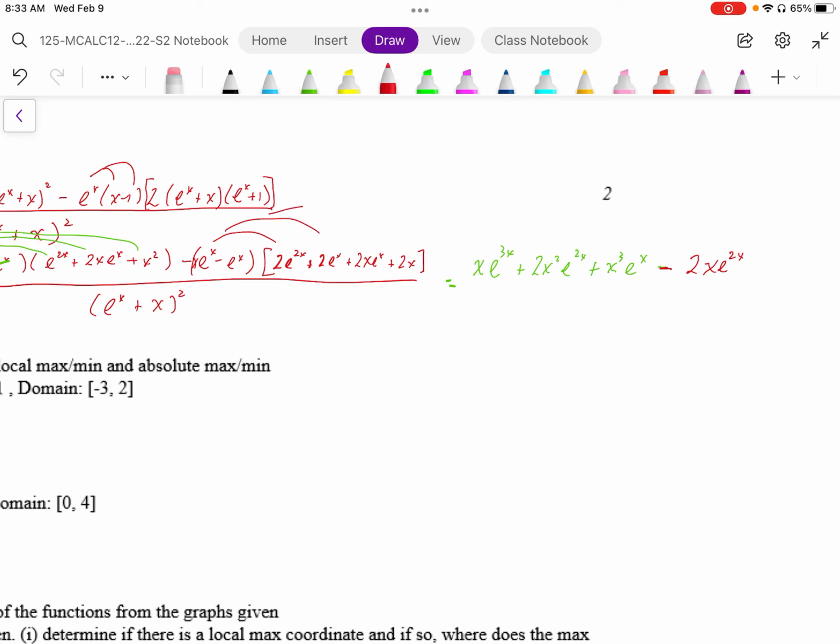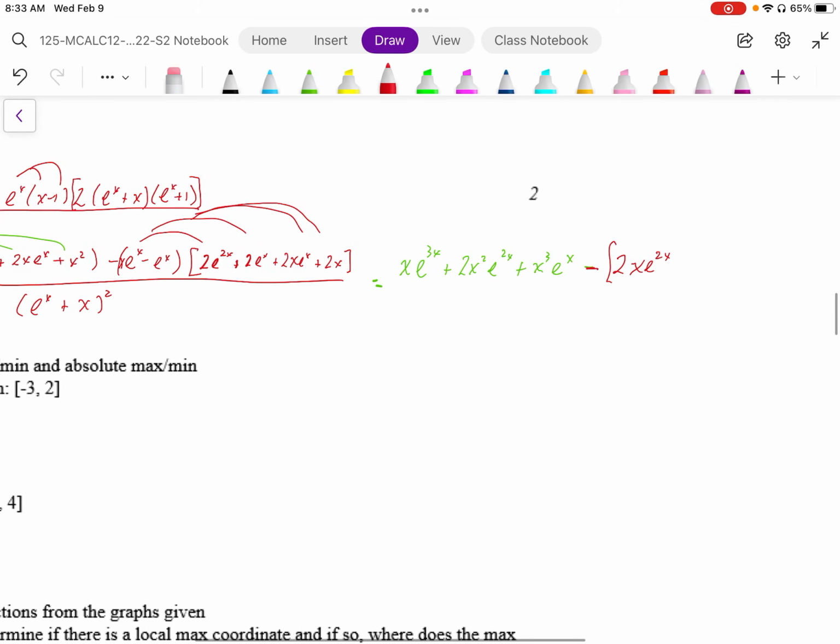I'm going to just multiply the first term out onto those four terms. So this is going to be, let's put brackets in there. So x is going to be plus 2x e to the, sorry, that's going to be 3x here. It's going to be e to the 2x.